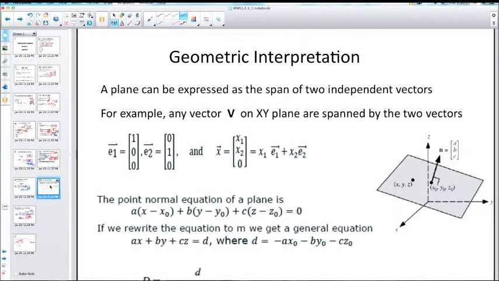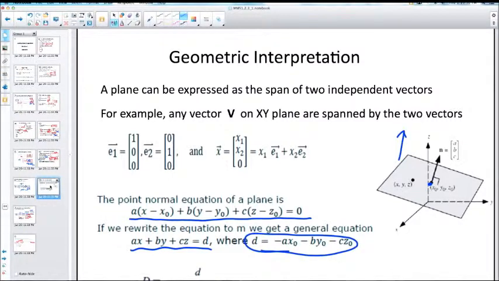If I give you an equation, you may remember we can write a plane in point-normal form. In other words, pass one point perpendicular to a particular direction, you get a unique plane. If you rewrite it, it will be like a standard equation. You just move all these 3 constants to the right hand.